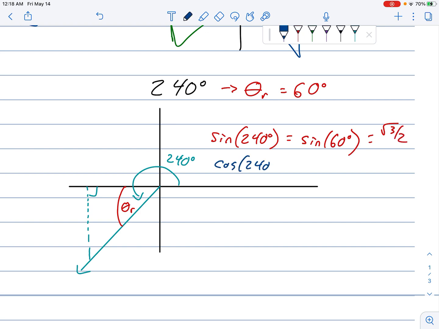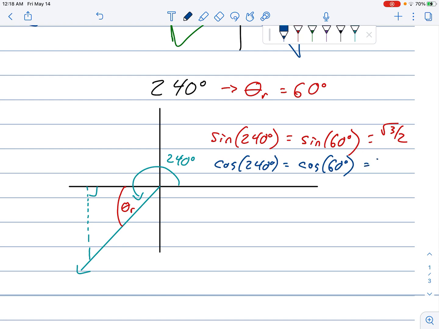Cosine of 240. Well, we just saw that 240 is all the way over here, which is the same. My reference angle is 60. Same. Sine is the same at 60 every single time. Right? So every 2 pi I repeat, but then every 90 I will re-hit the values I want.